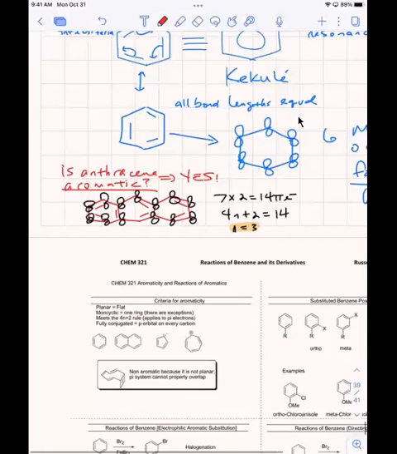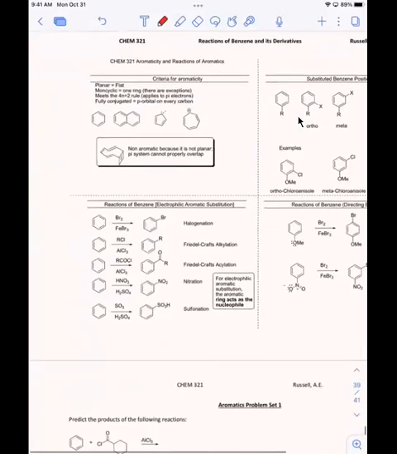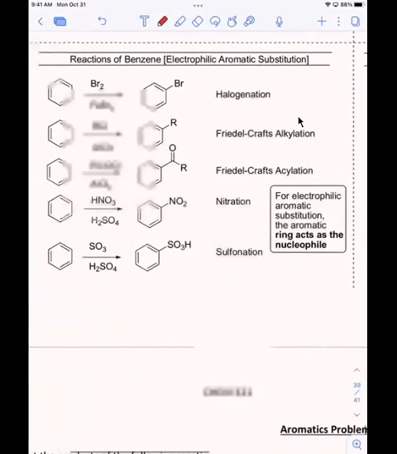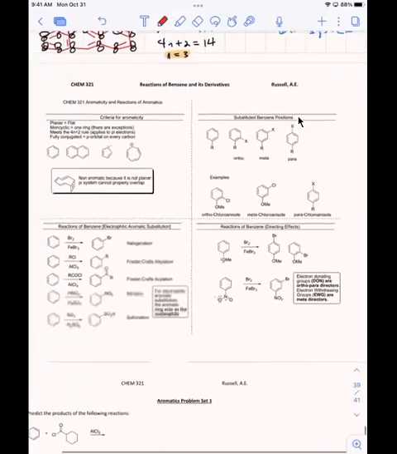All right, we got a few minutes left. So I want to introduce some of the reactions that aromatics do. If you notice, I broke it up in quadrants.